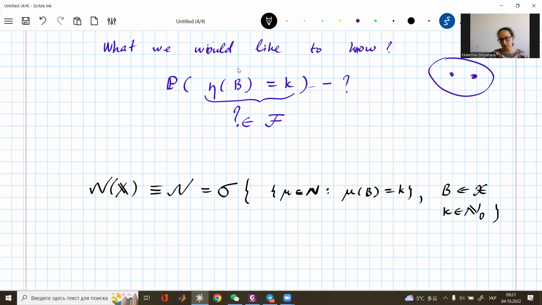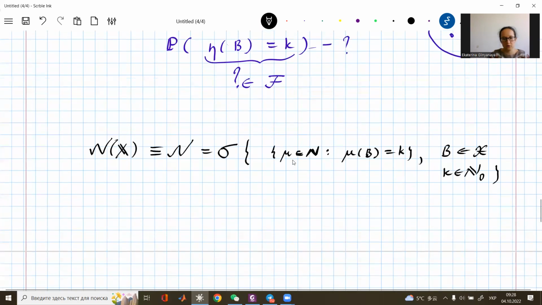It turns out that considering such a sigma algebra is enough.